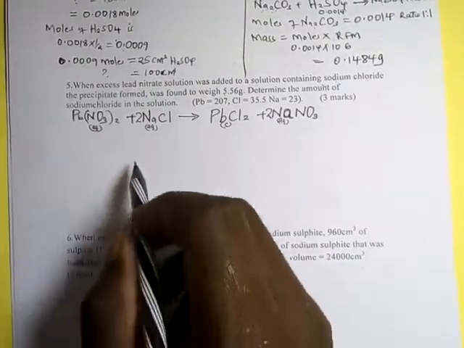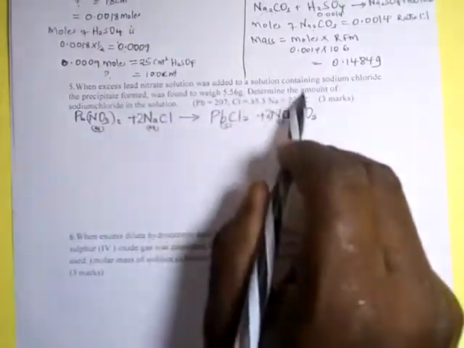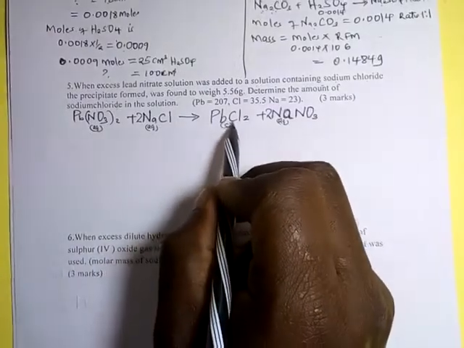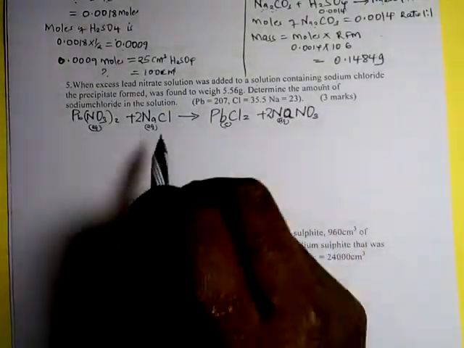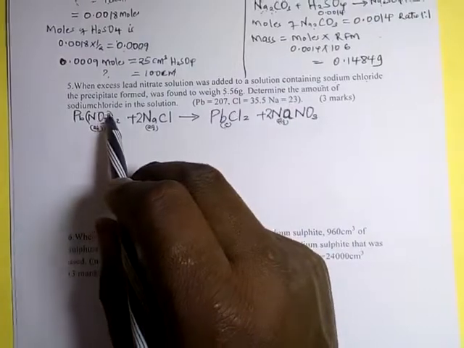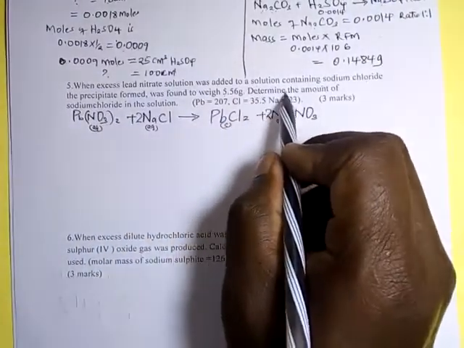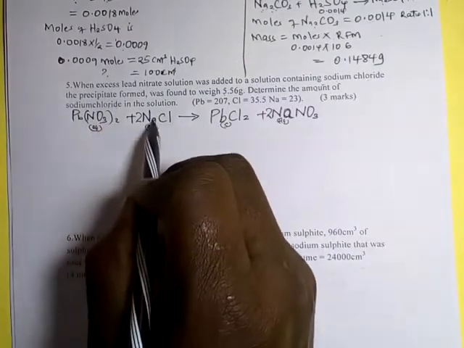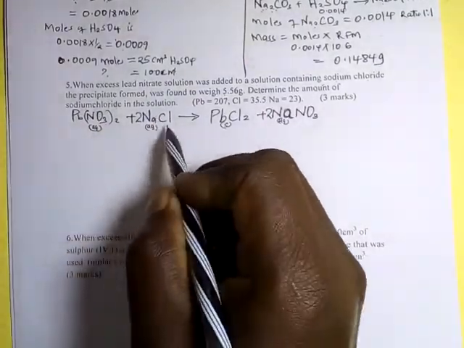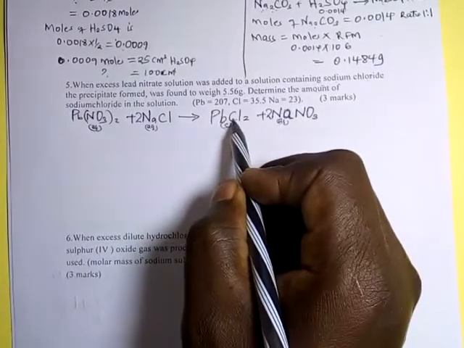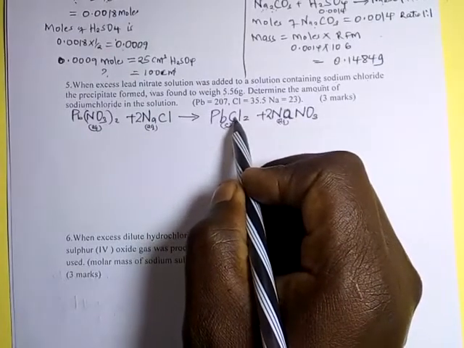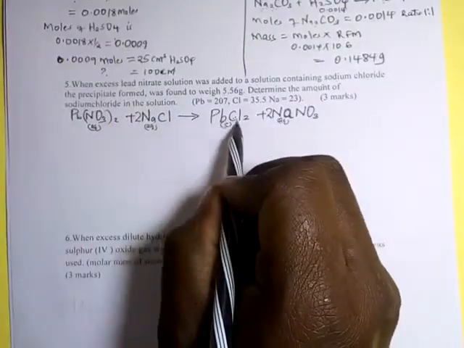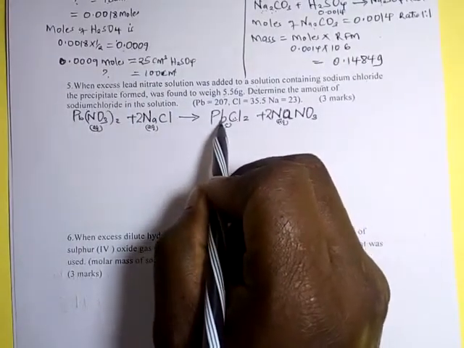Now, we are told to determine the amount of sodium chloride. We want the sodium chloride. But now we will start with lead chloride because the information we have is of lead chloride, because the precipitate lead chloride was formed.